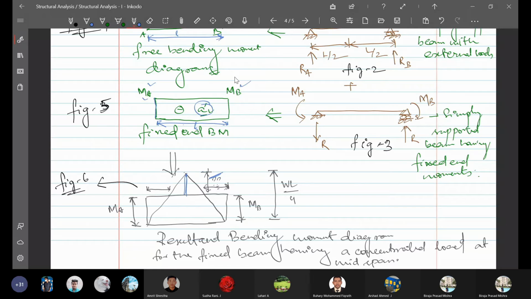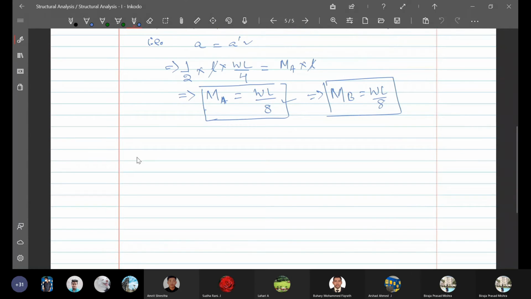So therefore the bending moment at the mid span becomes Mx minus Mx bar.